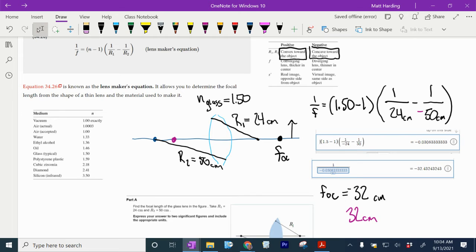Yeah, I'm not 100% myself on this. This threw me off because I think there's an example problem in the book where it's like a double... What do I want to say? The lens shape is like this. And so if this was considered R1, and then actually higher maybe would be R2.